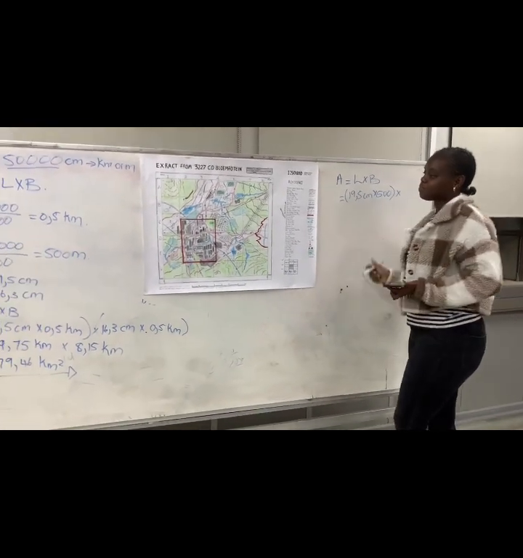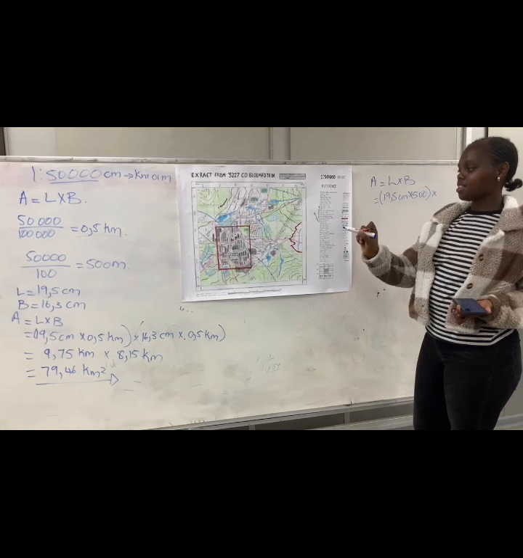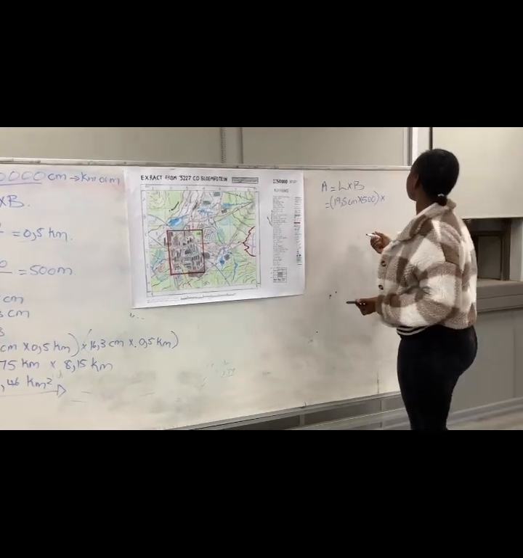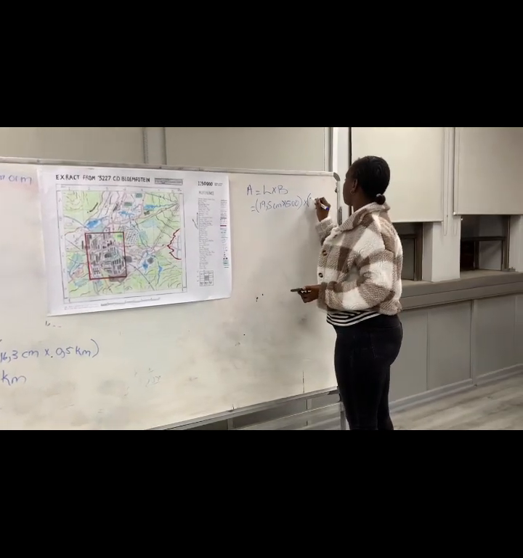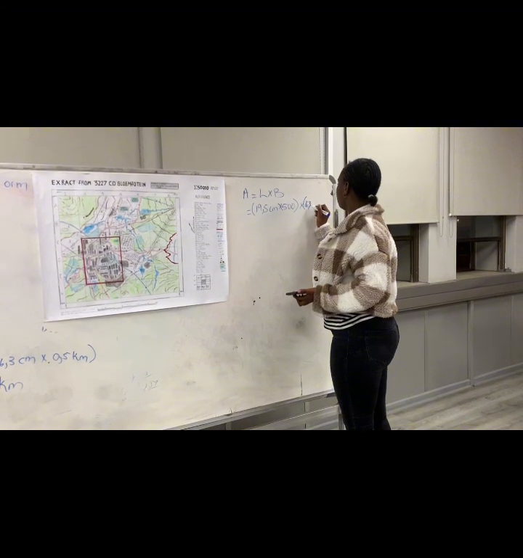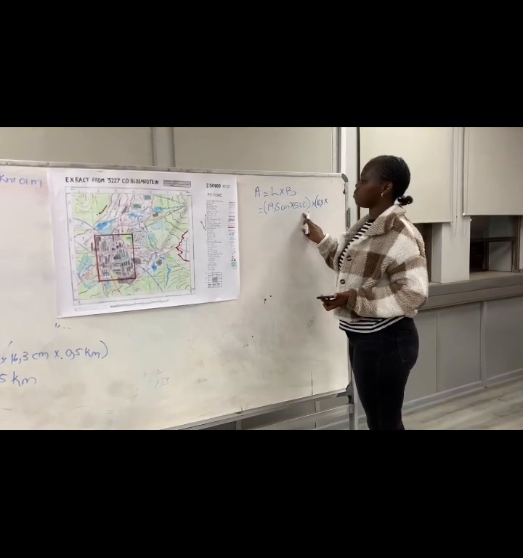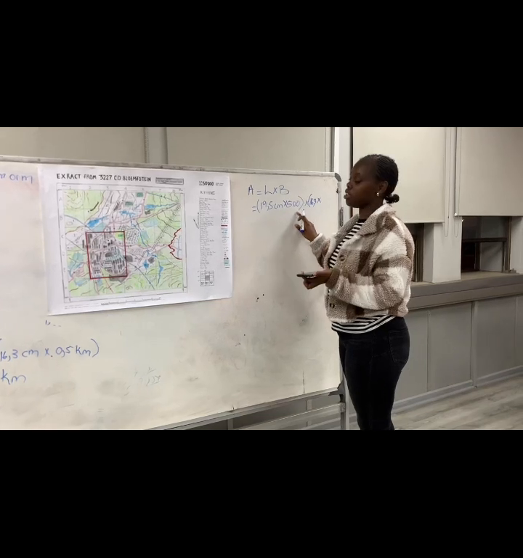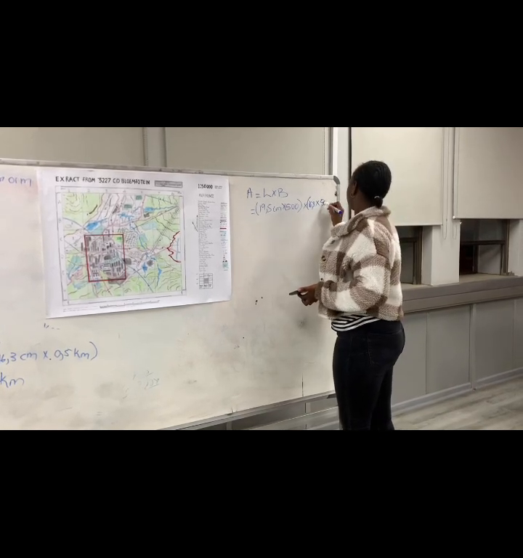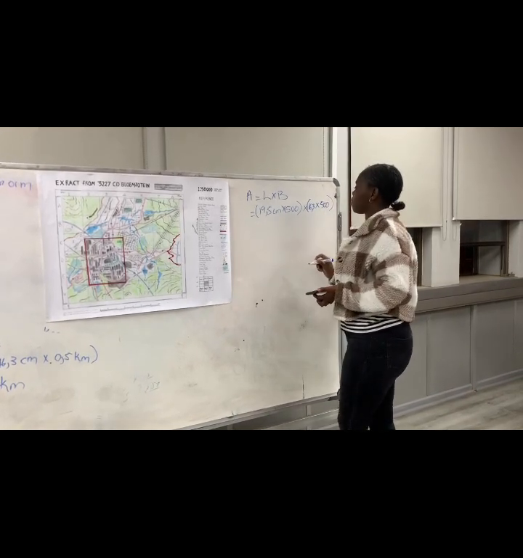Multiply by the breadth, which is 16.3 centimeters. 16.3 multiplied by the same 500, because we're doing the meters calculation. Then we close our brackets.